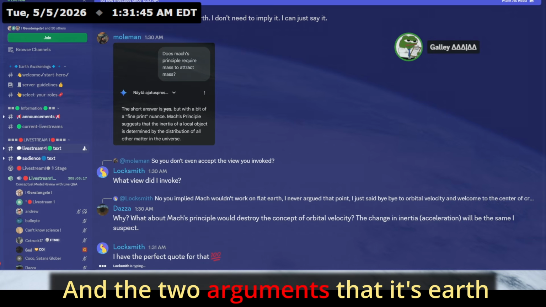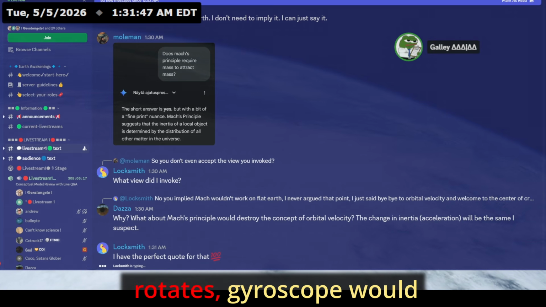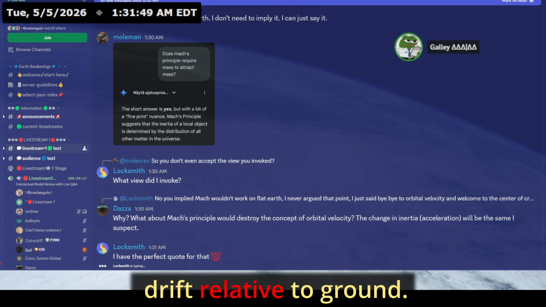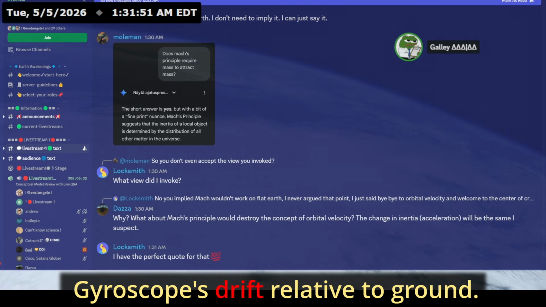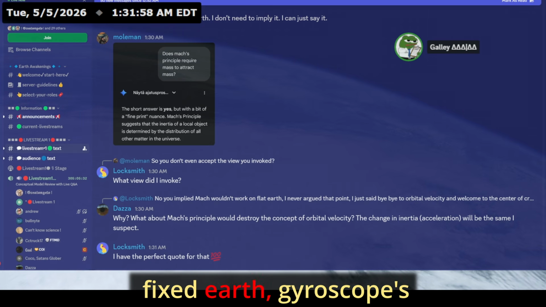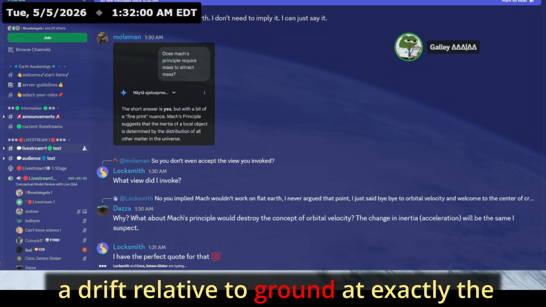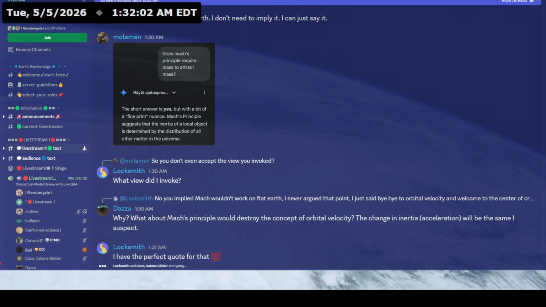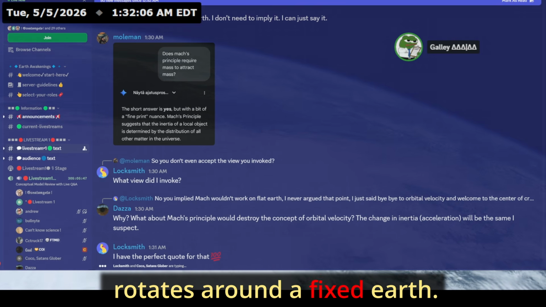And the two arguments: Earth rotates, gyroscopes drift relative to ground, gyroscopes drift relative to ground, therefore Earth rotates, versus ether medium rotates around a fixed Earth, gyroscopes would drift relative to ground at exactly the same predictable rate, gyroscopes drift at that rate, therefore the ether medium rotates around a fixed Earth.